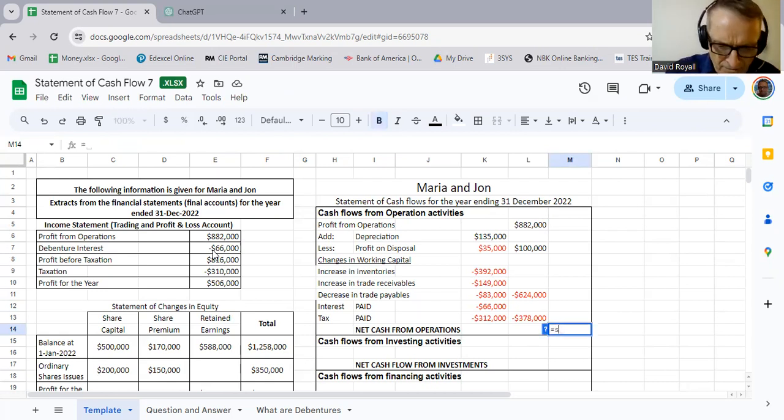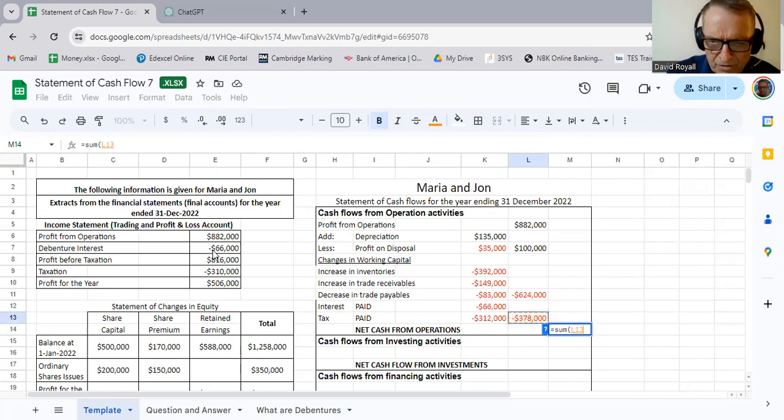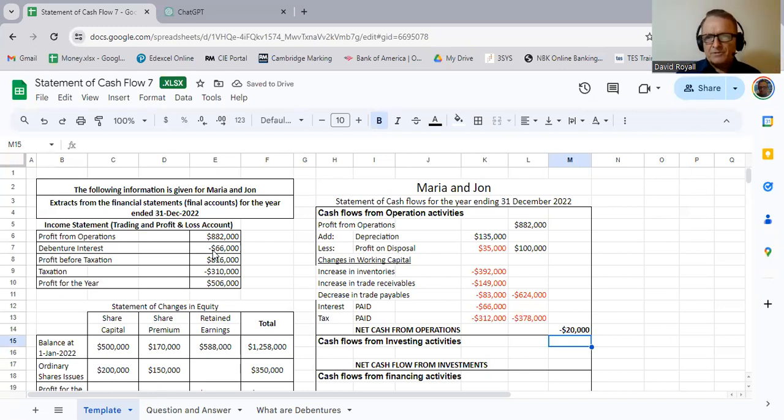Right, well, all I've got to do now is add up those four figures, and bingo, I should have my cash flow. Now, this in a way is rather telling. Oh, negative 20,000. That may raise a few eyebrows, but let's just think about what's happening in this business.